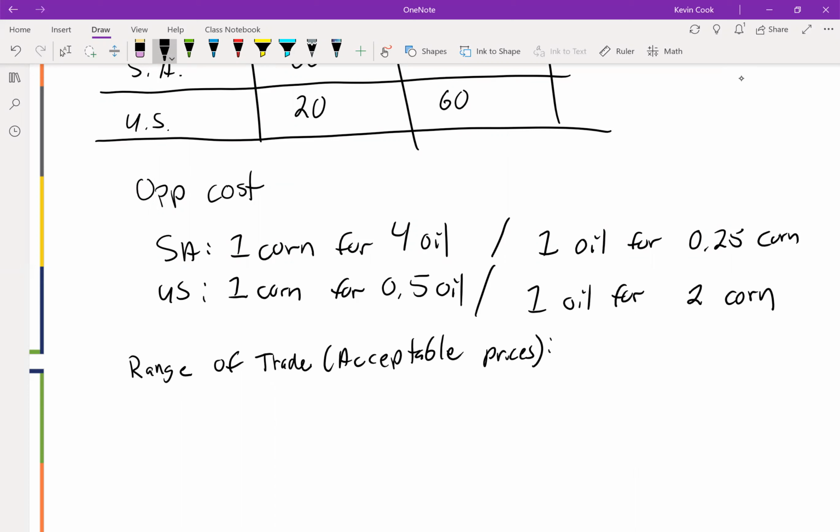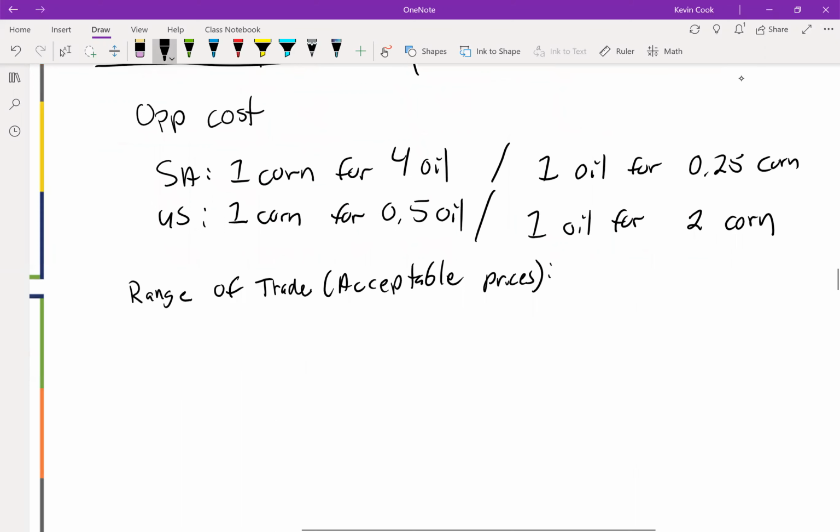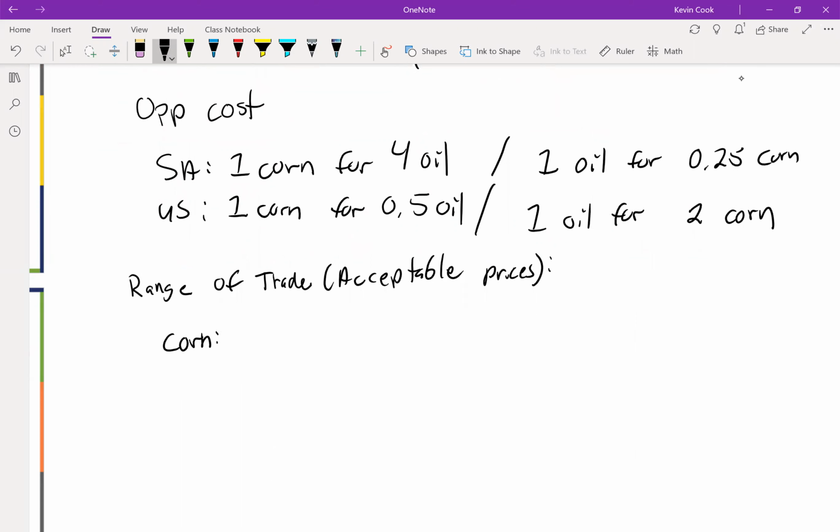So I see that Saudi Arabia... at first I think about corn. And if I think about Saudi Arabia, since the U.S. has a comparative advantage in corn, we can think that the U.S. is going to want to sell corn, and Saudi Arabia is going to want to buy corn. But Saudi Arabia will not buy corn for more than 4 units of oil, 4 barrels of oil.